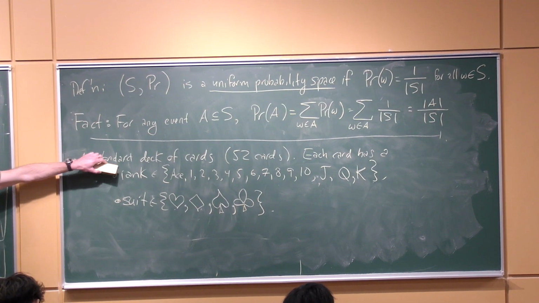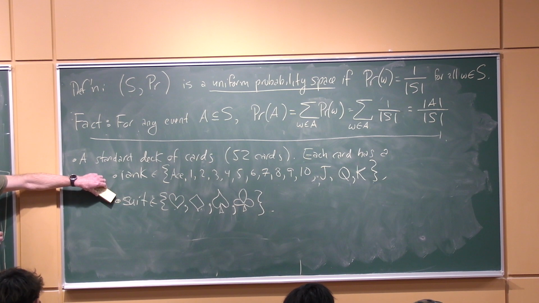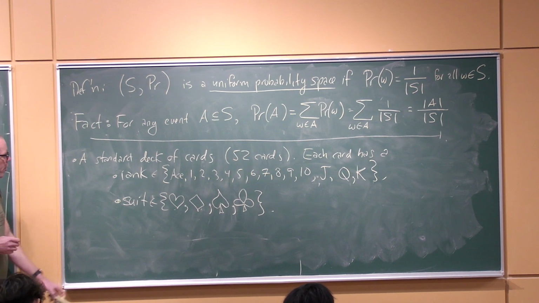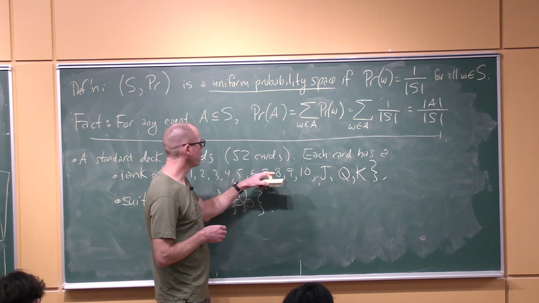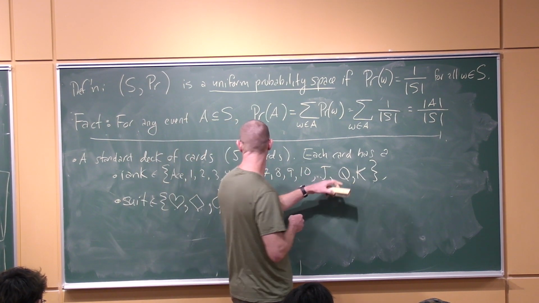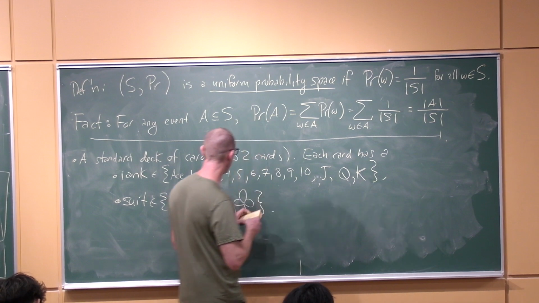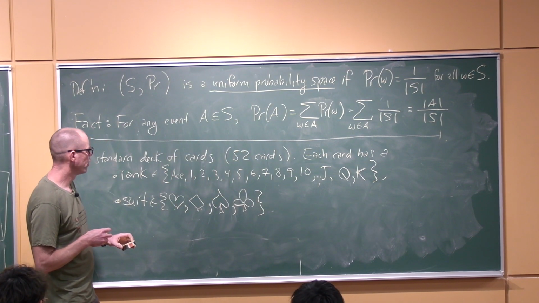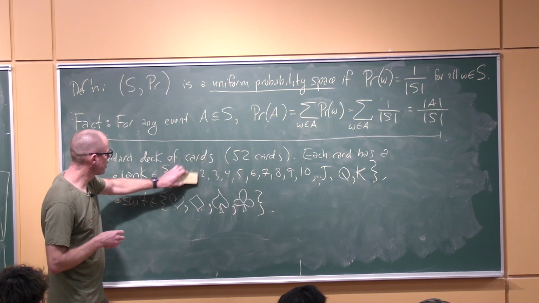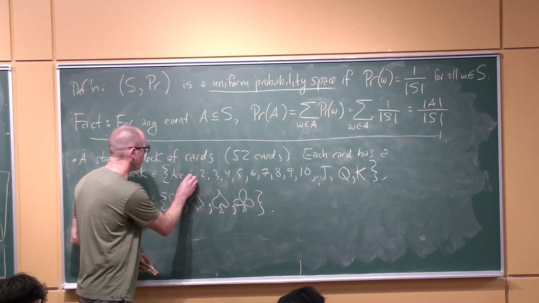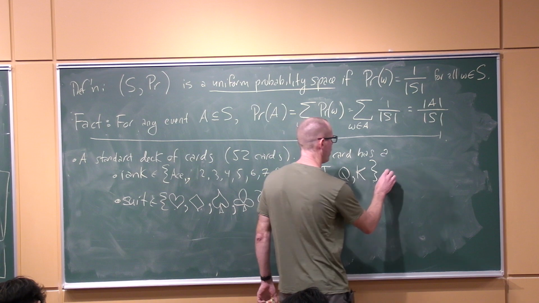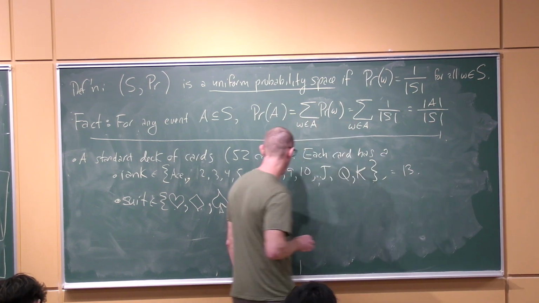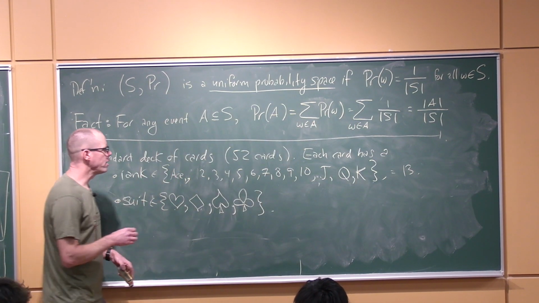And each of these combinations exists, right? So there are how many ranks? 1, 2, 3, 4, 5, 6, 7, 8, 9, 10, 11, 12. Should be 13. I must have miscounted somewhere. There's no 1 in the deck of cards. Oh, there's no 1. It's the ace, yeah. Good point. So there's 13 of these. There's 4 of these.